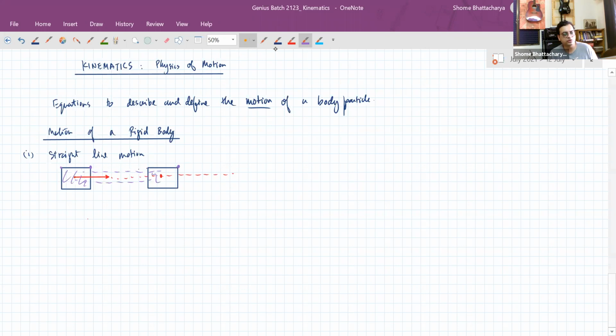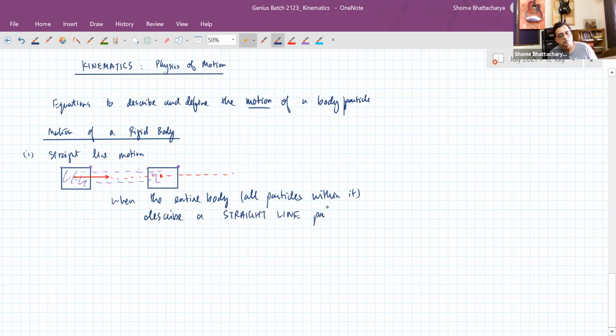So straight line motion for a rigid body is when the entire body, that means all the particles within it, describe or move along a straight line path. Another way of saying this is that its center of mass, of course, we haven't defined what center of mass is officially in physics yet.